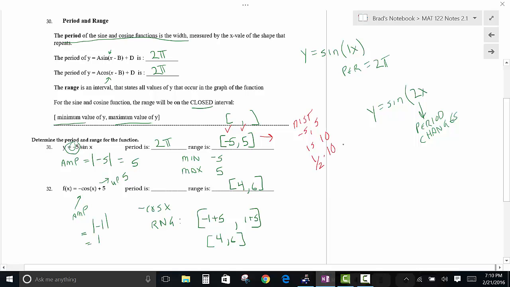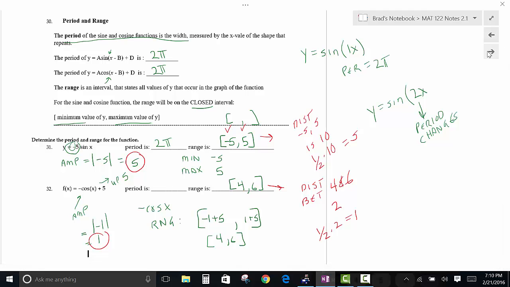Half of 10 is 5. That's why that amplitude turned out to be 5. If you look at the next problem, the distance between 4 and 6 is 2. But half of 2 is 1. That's why that amplitude turned out to be 1. So that's an important distinction and connection to make as you're doing this.